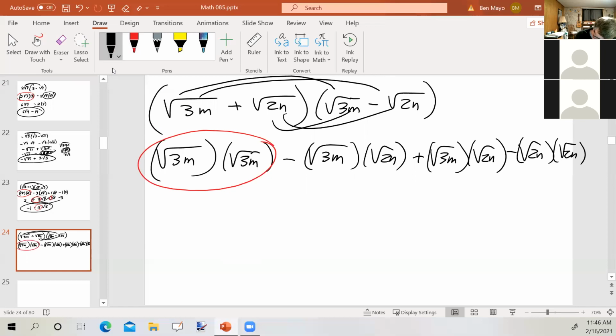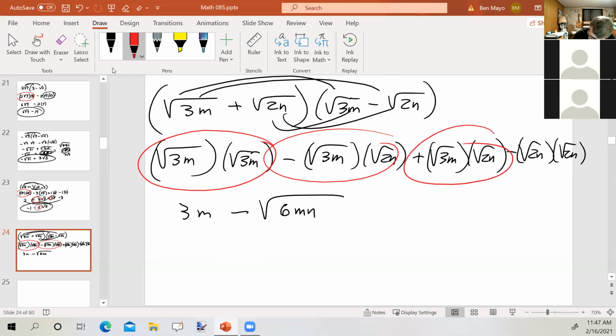This would be 3m. This would be minus the square root of 6mn. This would be plus the square root of 6mn. Sorry, I didn't change colors there because it doesn't really matter.